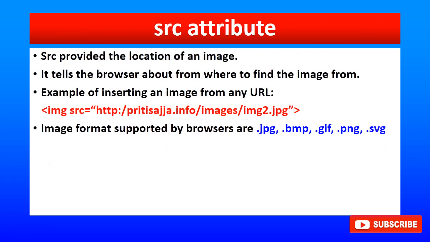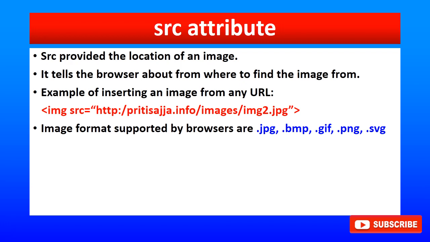Now we will discuss the src attribute. src means source. The src attribute provides information about the location of the image. In the previous example we had seen, when we used the image lying in our own folder or in the folder named images, we had written the path of that thing.